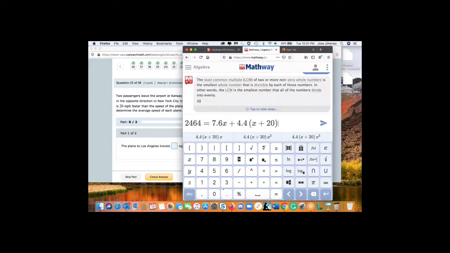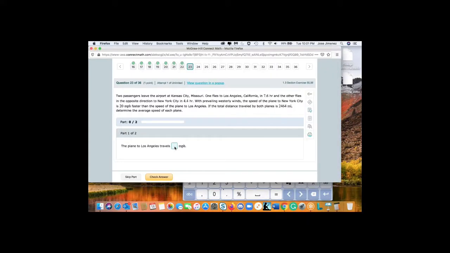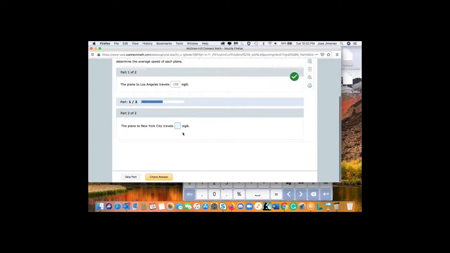So here we ask the calculator to find the x value. The x is 198. So we have 198. Let's check. And what will be the next one?